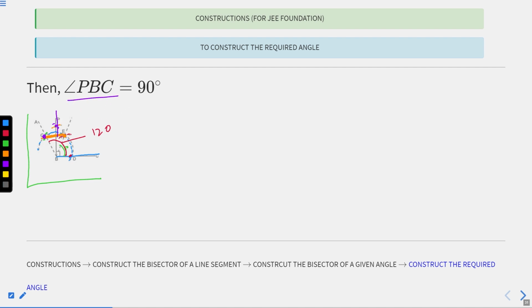So this angle PBC is 90 degree. Okay, I hope the constructions are clear to you.